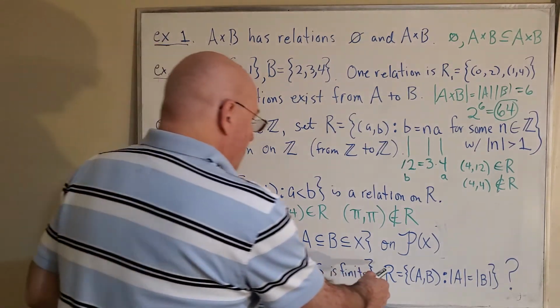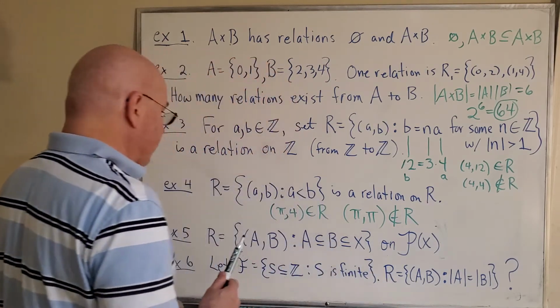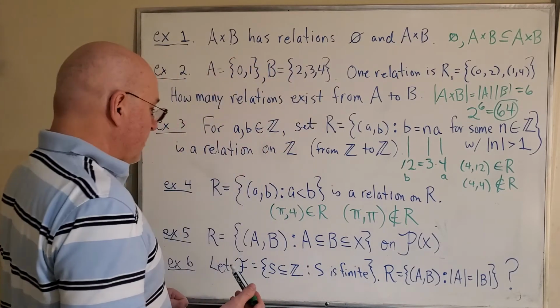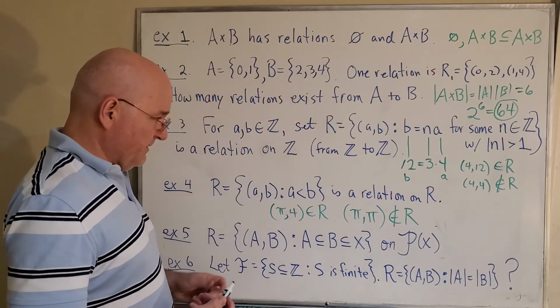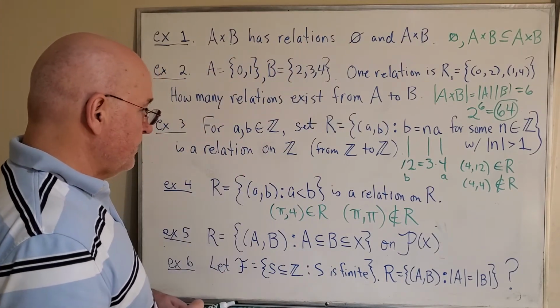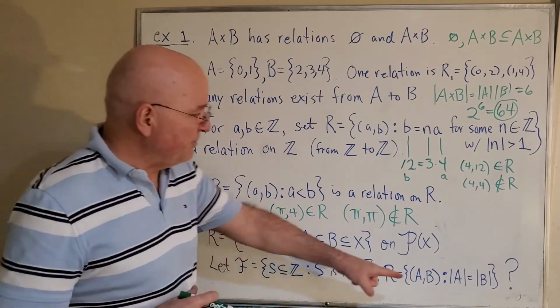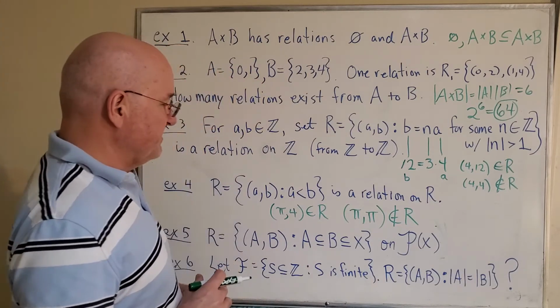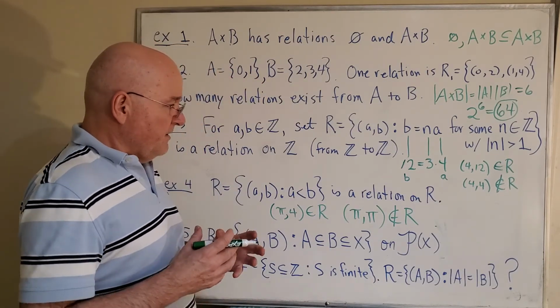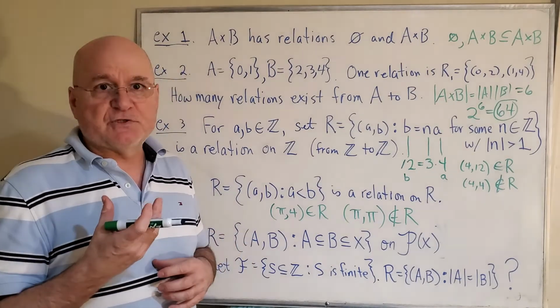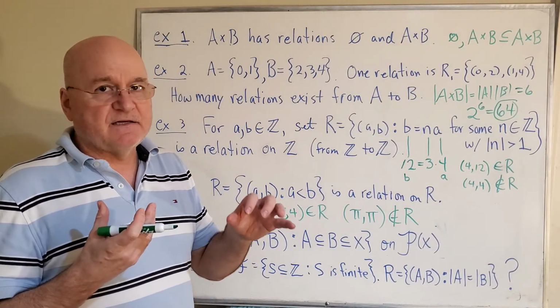So R is a relation where A and B are sets taken from the integers, where they are of equal size. The number of elements of A is equal to the number of elements in B. So, for example, the set {1, 2} and the set {9, 10}.